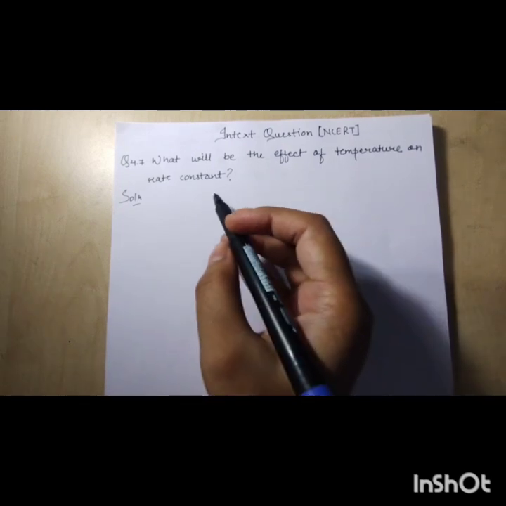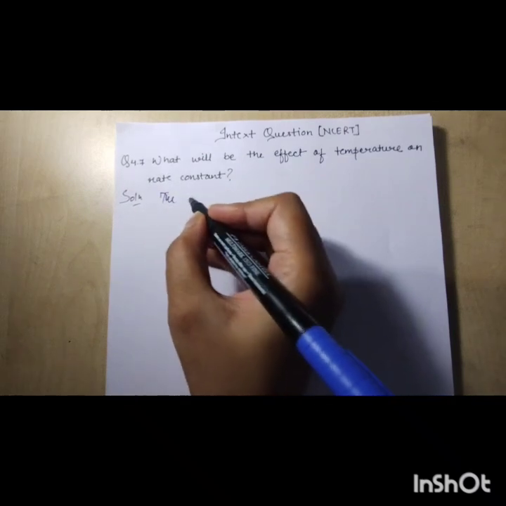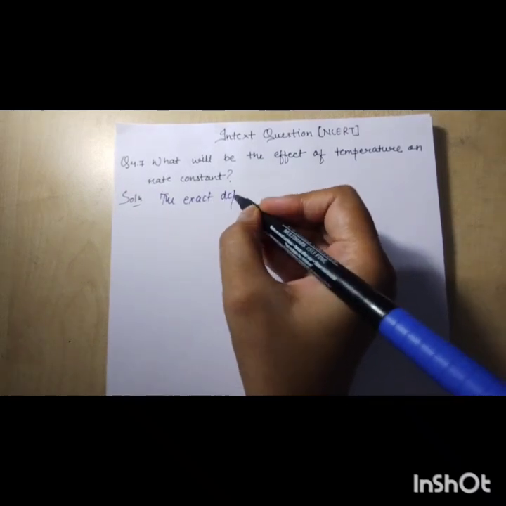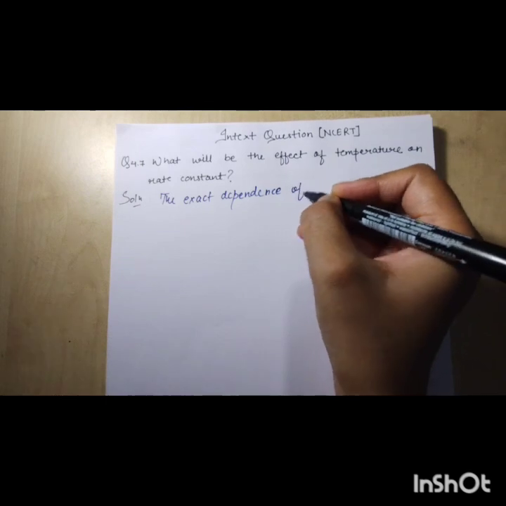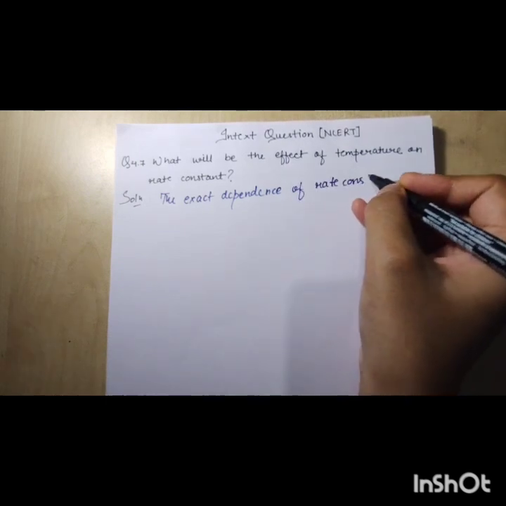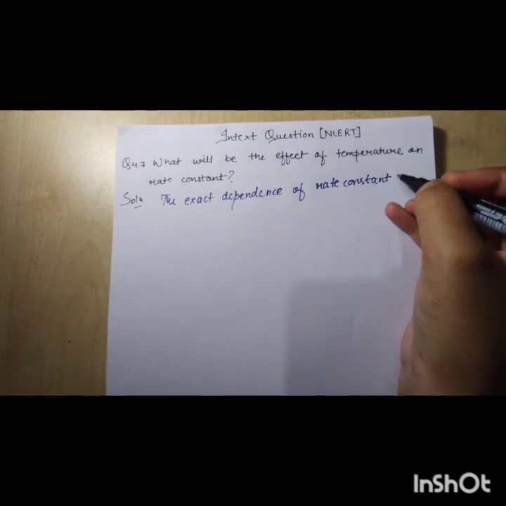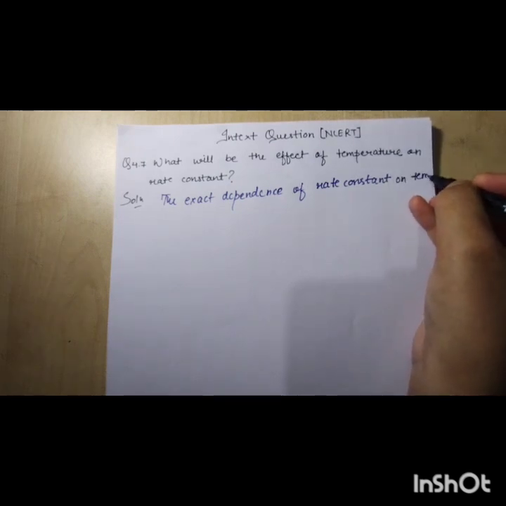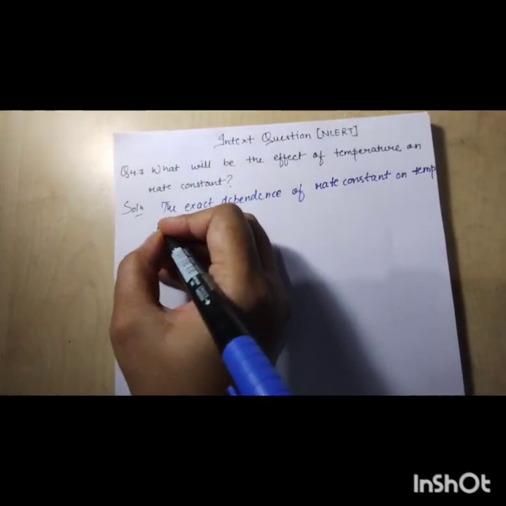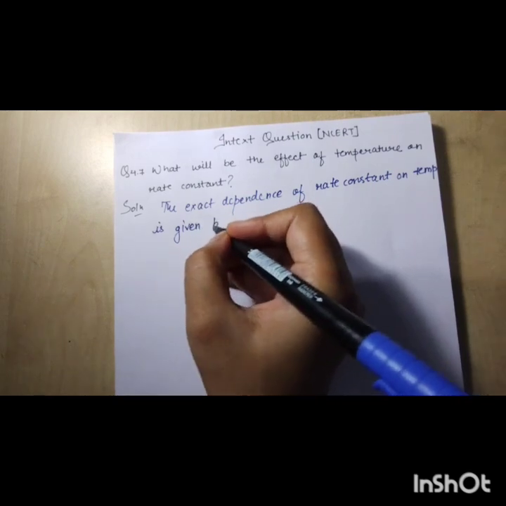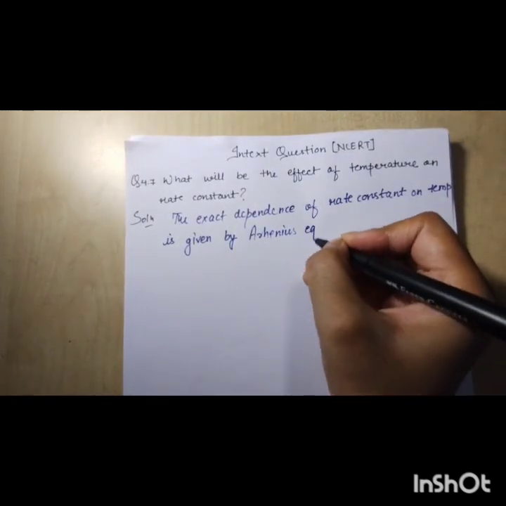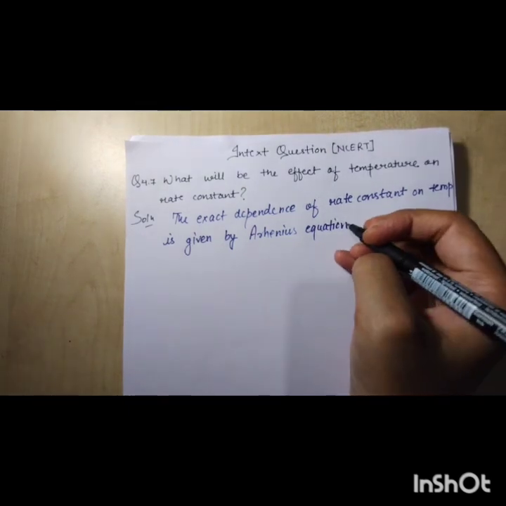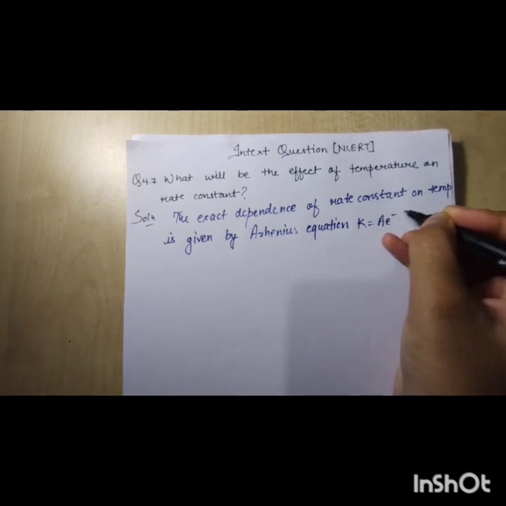You see that the exact dependence of rate constant on temperature is given by the Arrhenius equation, that can be written as K is equal to A e to the power minus EA by RT.